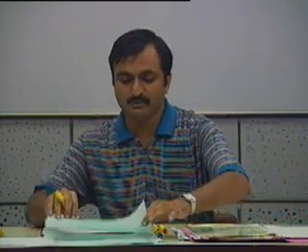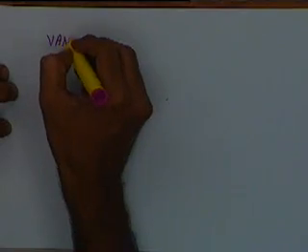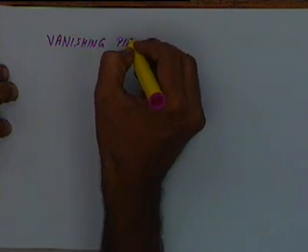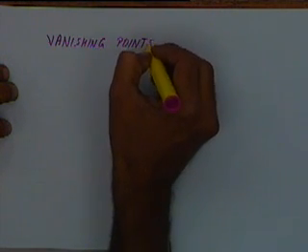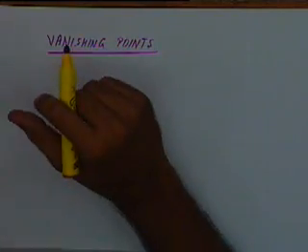Okay, just one more thing in perspective projections, and that is the concept of what we call vanishing points. Do you know what a vanishing point is in a perspective projection?